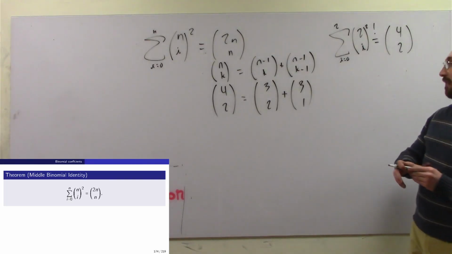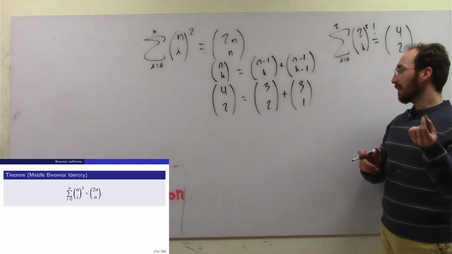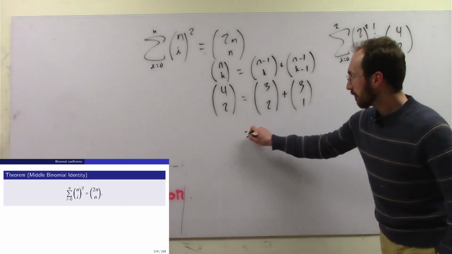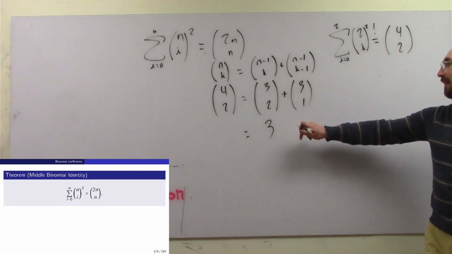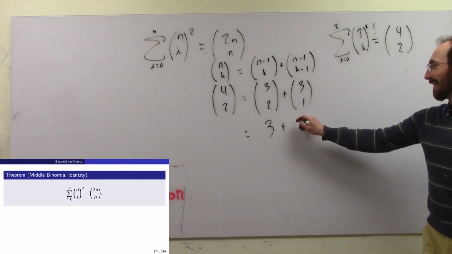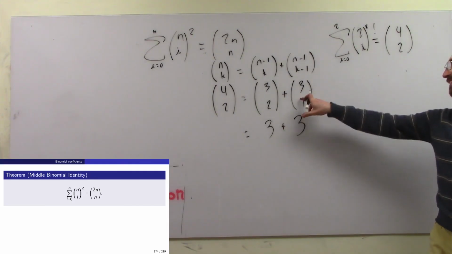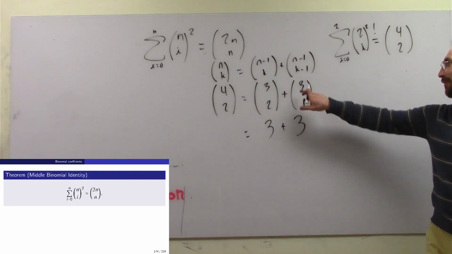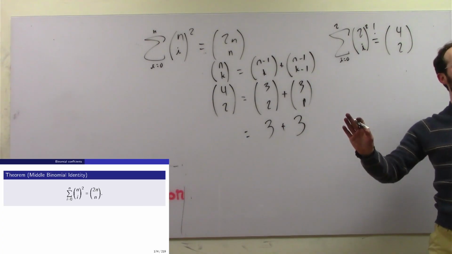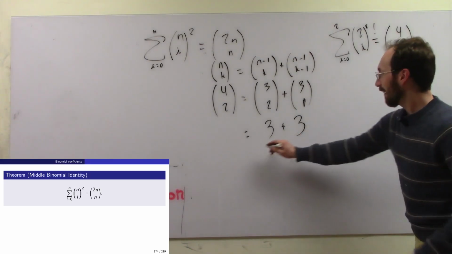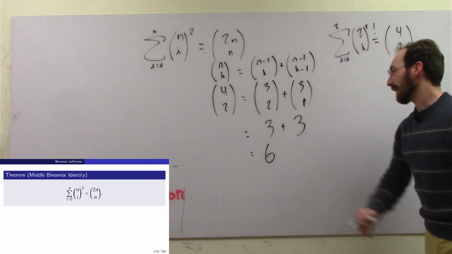Well, that's the same as choosing 1 element to not be included in your set. So that is 3. And by the complement identity, another way of saying that, this guy is also 3, because 3 choose 2 is equal to 3 choose 1. That might be helpful. We'll see. So 4 choose 2 equals 6.